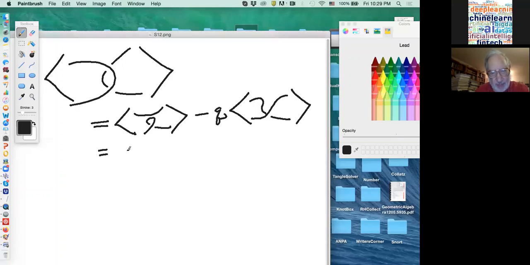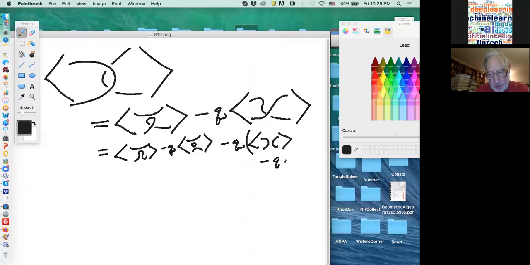This is going to be equal to having an A this way, which will give me a 1. Give me a 1. Minus a q times a loop. Then we'll get a minus q, and we'll get a 1, minus a q times this.